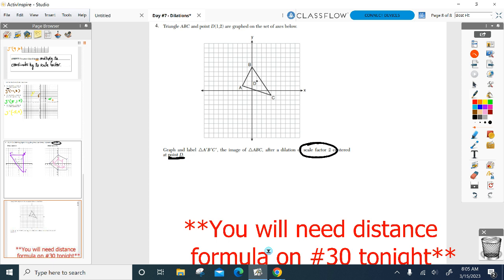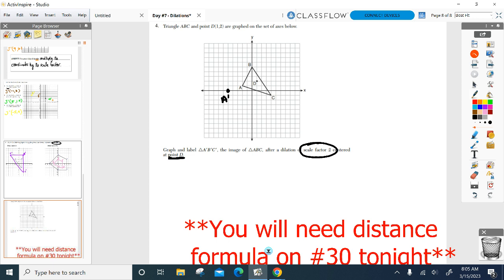So let me do point A with you. From D to A, it's down 1 over 1, 2, 3. I double it, scale factor of 2, down 1 over 1, 2, 3. And plus, you should know it's getting further away.